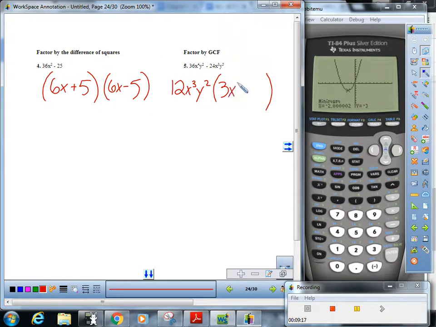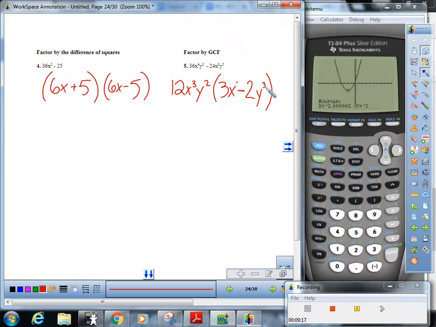Just x to the 1st. You could have a 1 there if you wanted. You don't need it. And y squared is taken care of. So we have a minus sign. 12 times what is 24? X cubed times 1 is x cubed, so we have nothing. Y squared times what is y to the 5th? Y cubed. Okay, and that's the answer to that one.